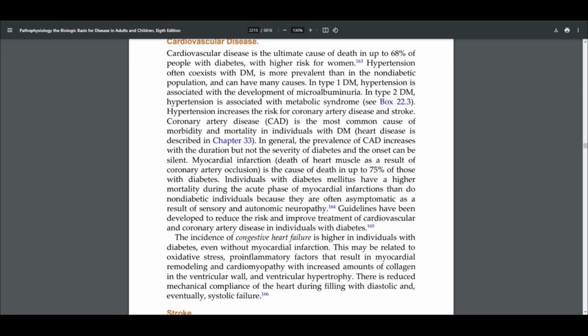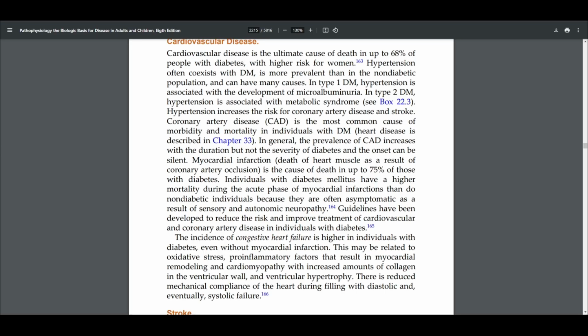Individuals with diabetes have a higher mortality during the acute phase of myocardial infarction than do non-diabetic individuals because they are often asymptomatic as a result of sensory and autonomic neuropathy. Guidelines have been developed to reduce the risk and improve treatment of cardiovascular and coronary artery disease in individuals with diabetes.